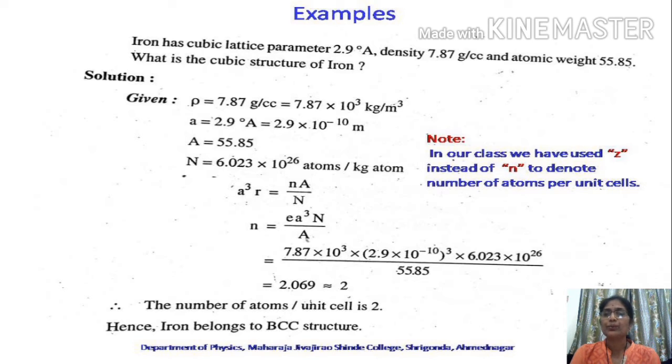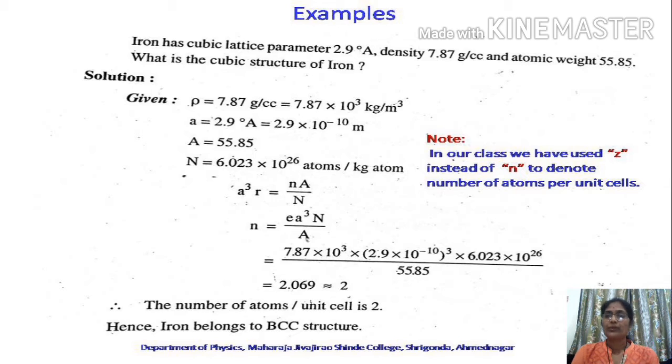It will be 2.9 into 10 raised to minus 10 meter, because we know that 1 angstrom is equal to 10 raised to minus 10 meter or 10 raised to minus 8 centimeter. Then the atomic weight is given as 55.85 and N is given as 6.023 into 10 raised to 26 atoms per kg.